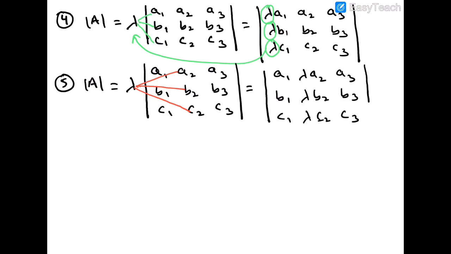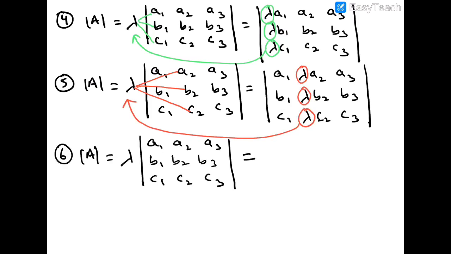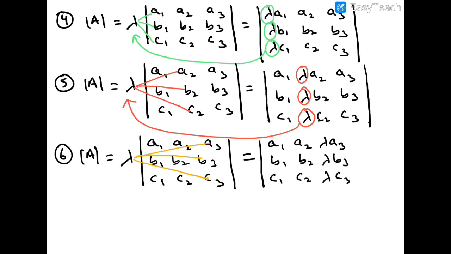Here lambda is common factor for second column and can be taken out like this again. And in sixth one, lambda is multiplying with third column and lambda is common factor for third column.